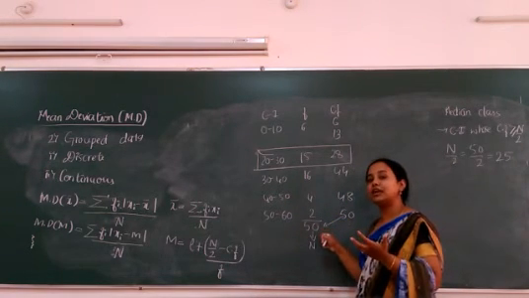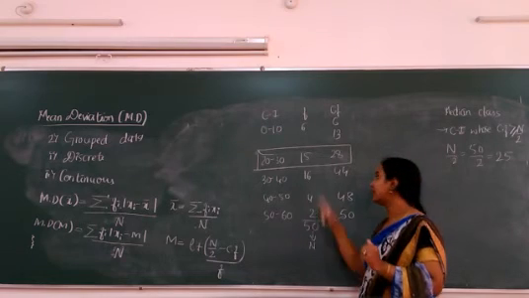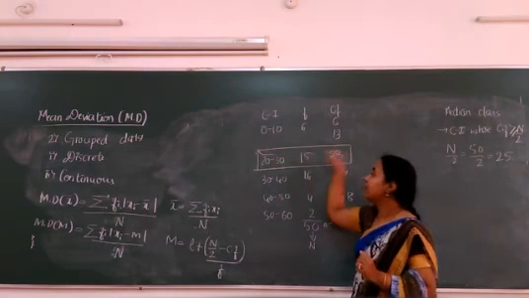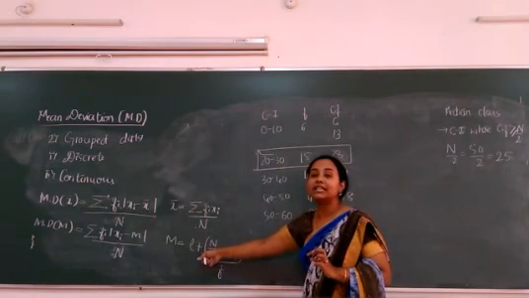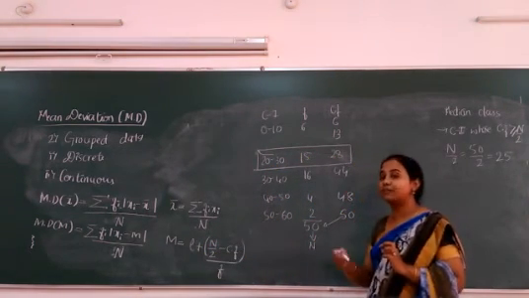Nearing means greater than 25 but almost close to 25, that is 28. So this will be our median class. So with the help of all these, we will get to know what these values are. So let us go one by one.